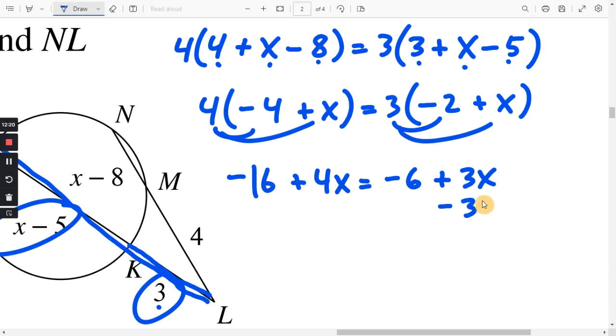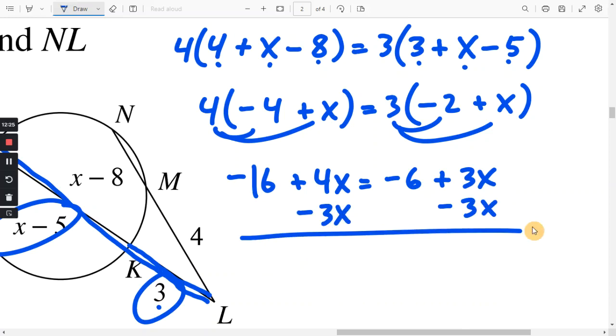I'm going to do minus 3x on both sides. And it cancels here. X's are here. I want the 16 on the other side. Opposite of negative 16 is positive 16. Do that to both sides, and it cancels here. 4x minus 3x is x. Negative 6 plus 16 is 10.